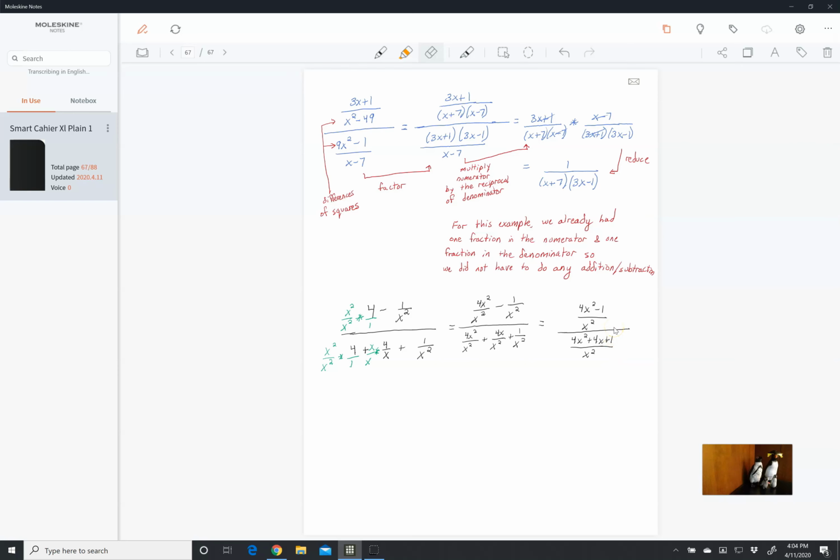Okay, so now it's time to multiply by the reciprocal. So again, this is like our step 1. Finding the common denominator, this is our step 2. Now we're ready for step 3.